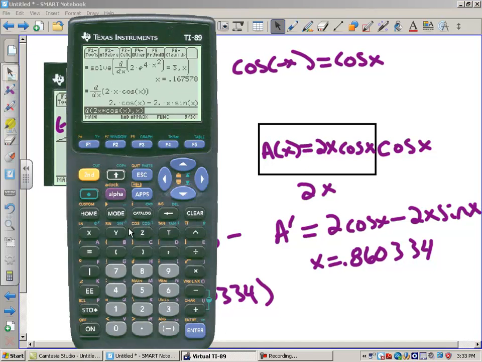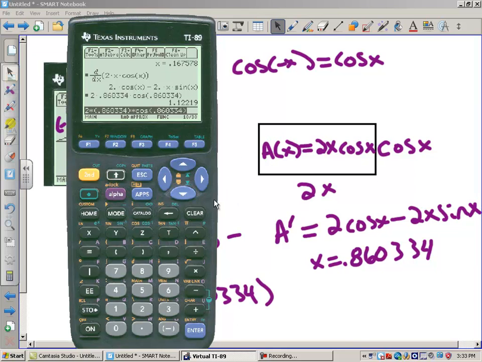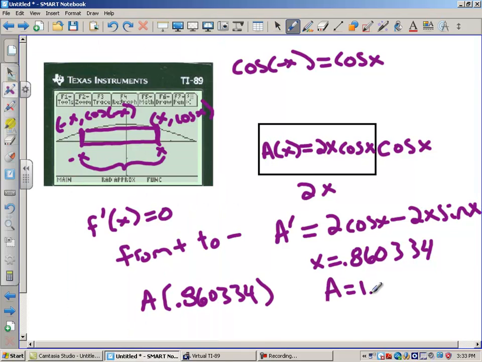So we're going to go to the home screen, and we're going to do 2 times 0.860334 times the cosine of 0.860334. And I'm going to hit enter, and it looks like that area is 1.12219. So that is the maximum area.